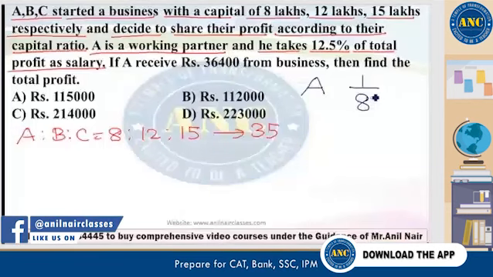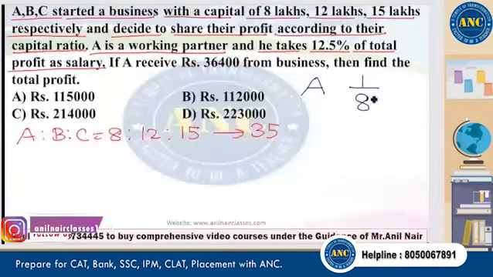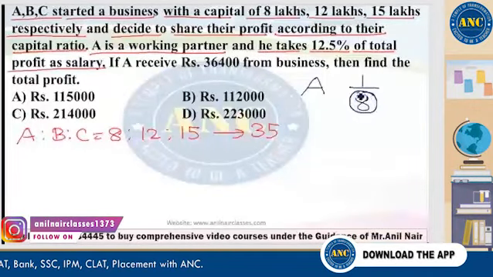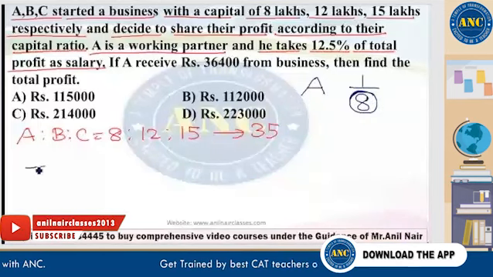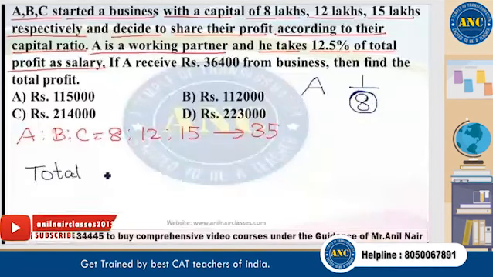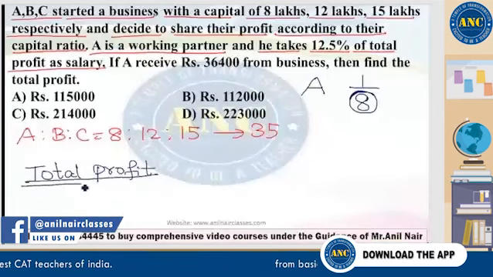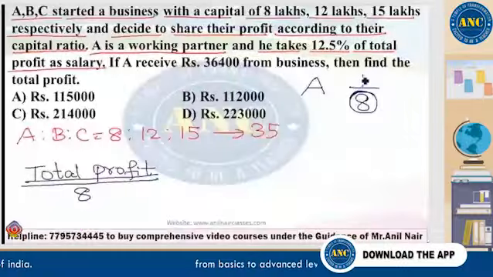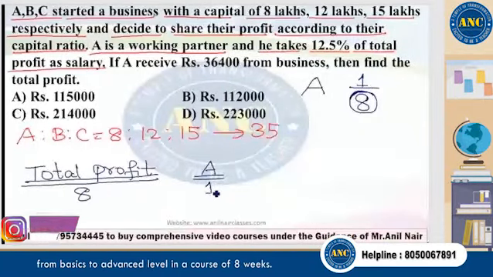Now 12.5% means 1 by 8, which I already explained. The meaning of 1 by 8 is total profit is 8 rupees. I already told you that the denominator represents total value. Out of total 8 rupees profit, A will take 1 rupee profit.